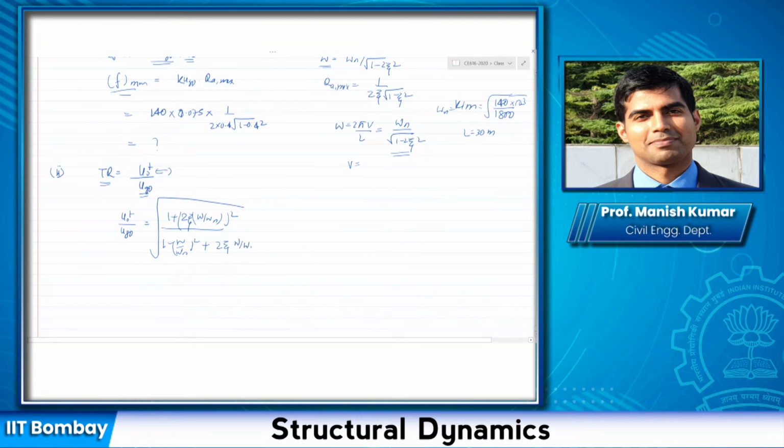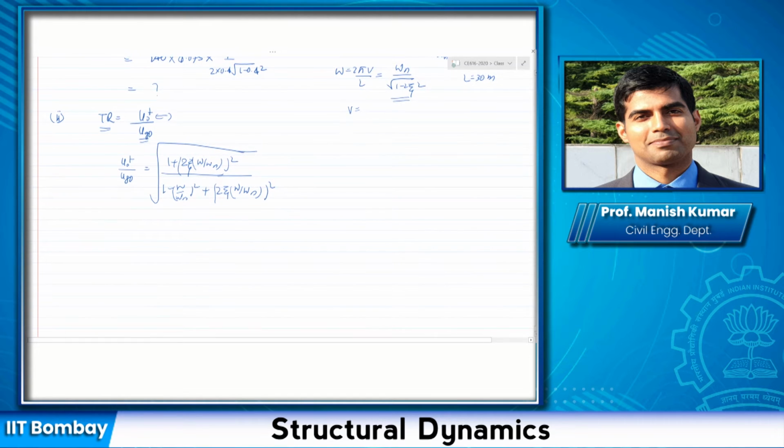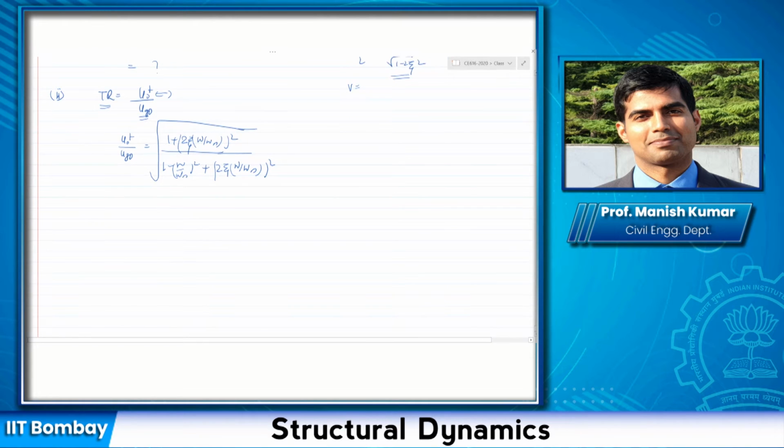Now we discussed when RA becomes maximum, RD becomes maximum, and RV, this response factor, becomes maximum. However, in this case, you can follow the same procedure. You need to differentiate this expression TR with respect to omega by omega n. Let us say you assume that omega by omega n is another variable called r. You differentiate it and equate it to 0. You would find the ratio for which the transmissibility would be maximum, and that means your peak total displacement would become maximum.